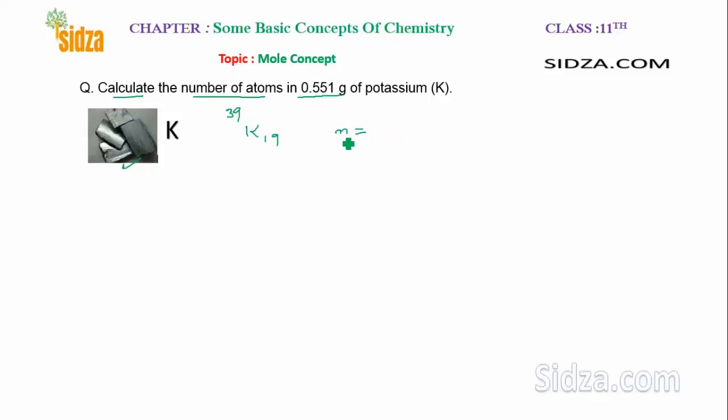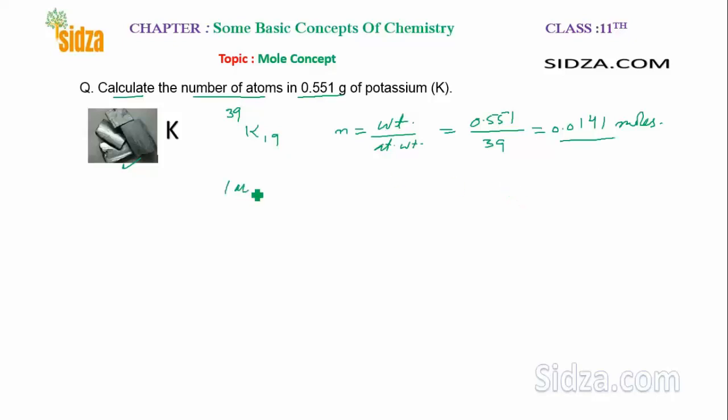The number of moles is the weight divided by the atomic weight of the element. The weight here is 0.551 grams of potassium and the atomic weight of potassium is 39. When we solve 0.551 by 39, it is 0.0141 moles of potassium.